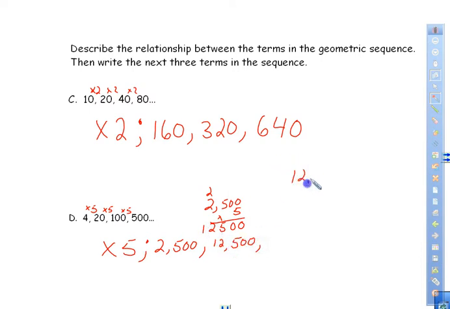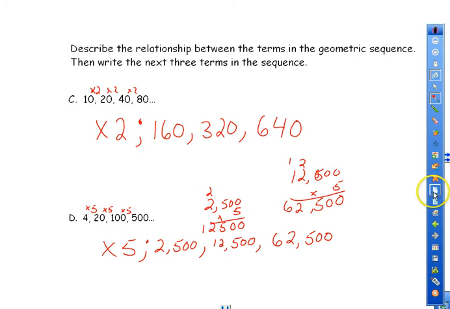And the next one, 12,500 times 5 is 0, 0, we get 25, and then 5 times 2 is 10, plus 2 more is 12. Then 5 times 1 is 5, plus 1 more is 6, so we get 62,500. Those are my next 3 terms. So be very, very careful in doing those.